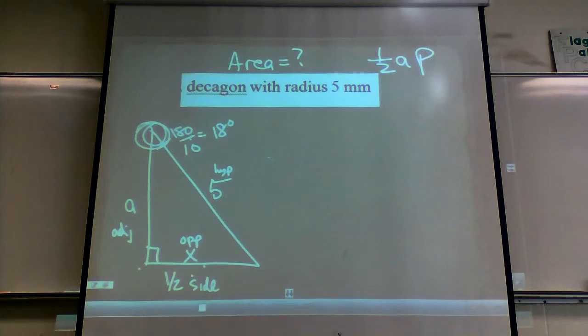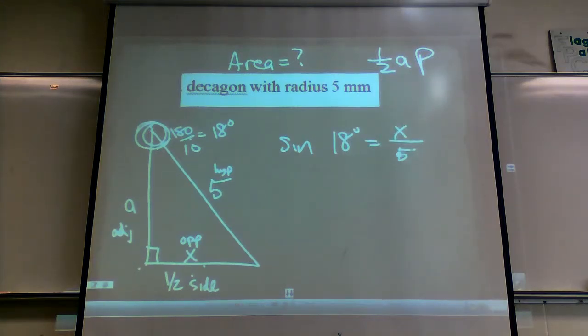All right, so this is back to the last problem we just did, where it's up to you. Do you want to find the half side first, or do you want to find the apothem first? Half side, the x? Okay, so just like the last one, that's still my opposite side, starting with the hypotenuse, so it's still going to be sine. Okay, sine of 18 equals x over 5.